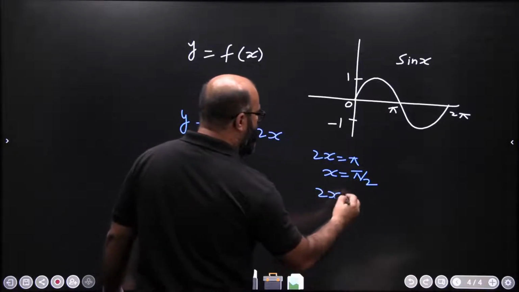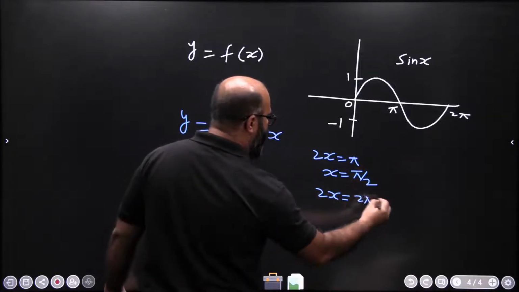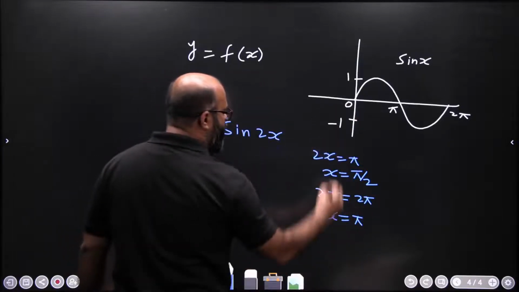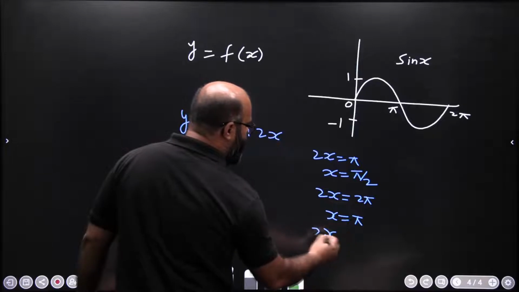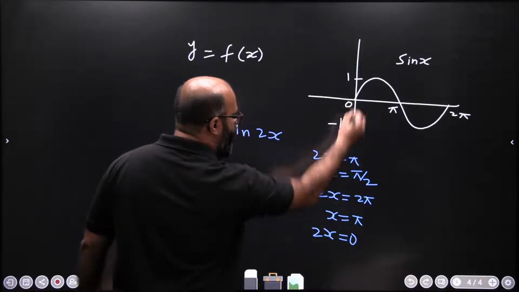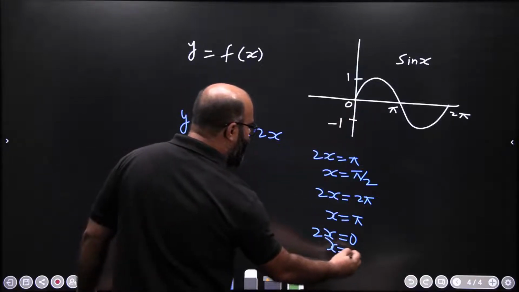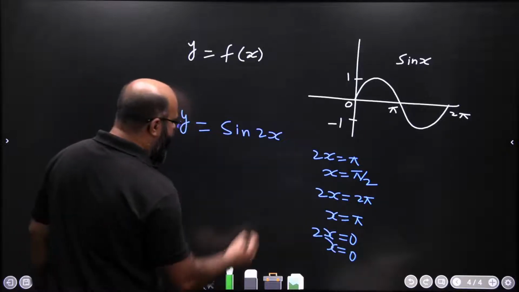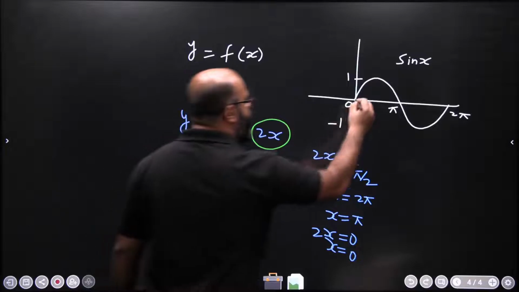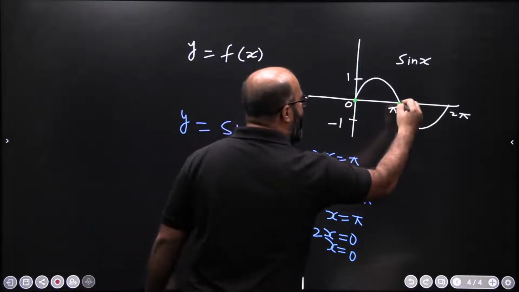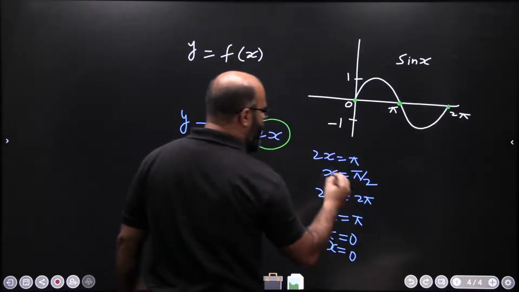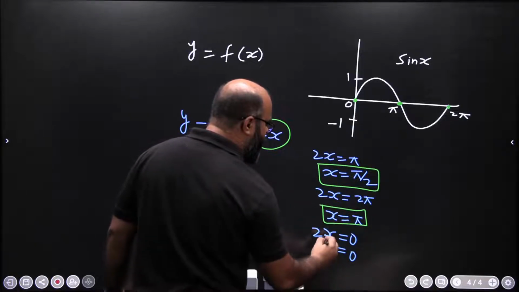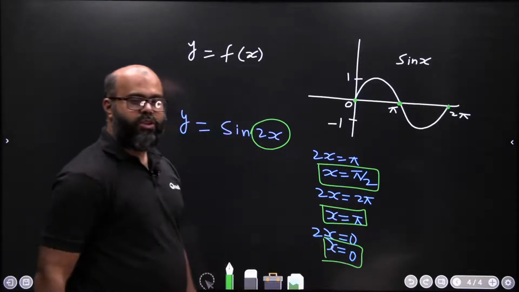And when 2x is equal to 2 pi, then x will be equal to pi. And if x is equal to 0, 2x is equal to 0, then x is also 0. So if we equate this input with each of these points, we get the final value of the input of the transformed graph.